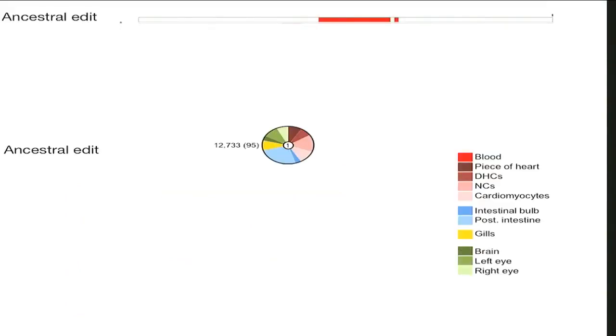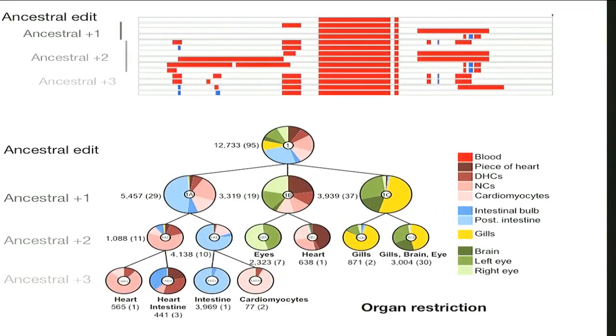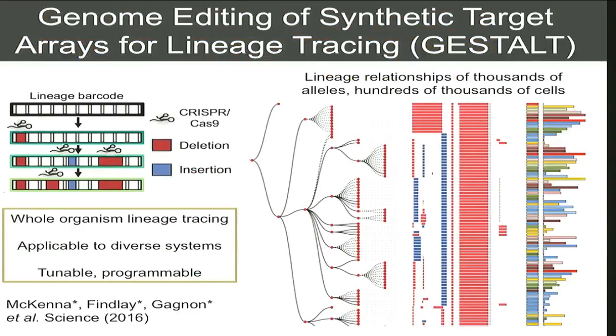So we can look at this in a more nuanced way, going from an ancestral edit to successive additions of more edits on top of that, and we can visualize increasing amounts of restriction in terms of the organs in which we see those alleles or groups of alleles appearing.